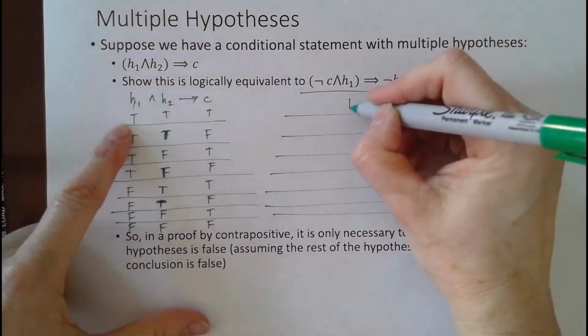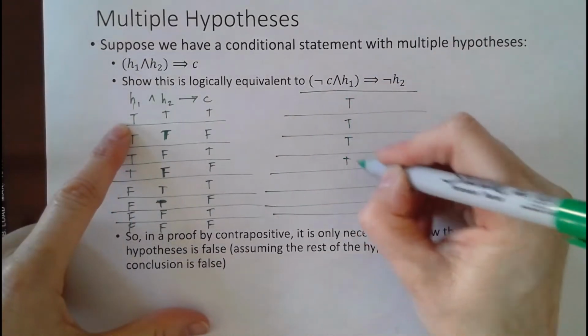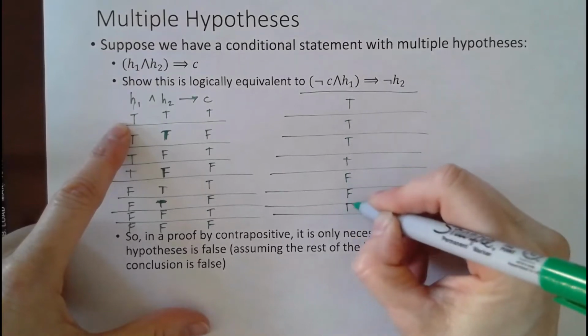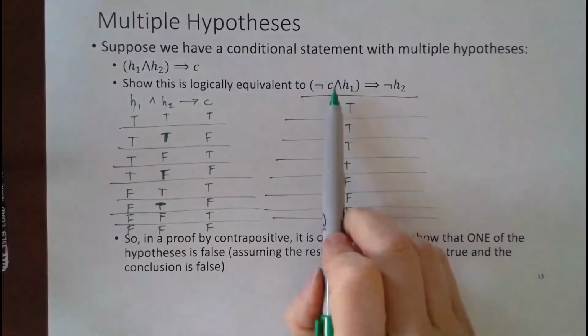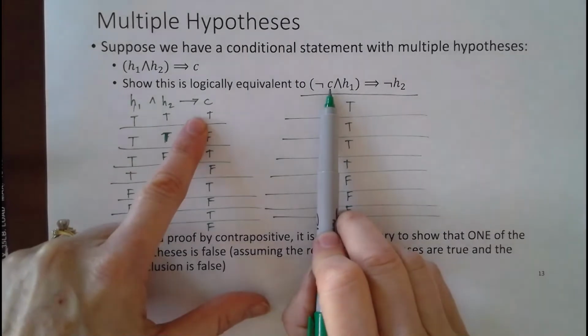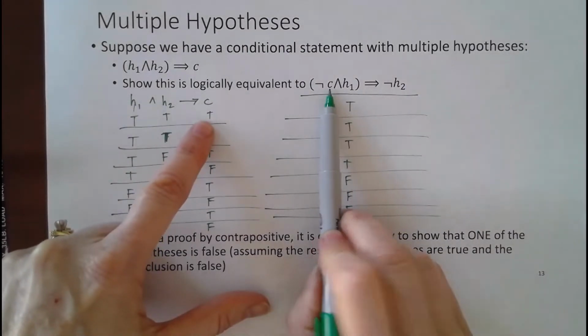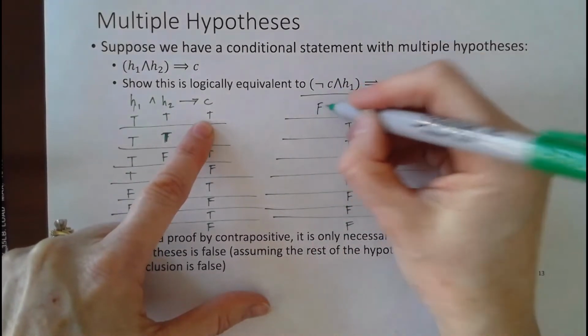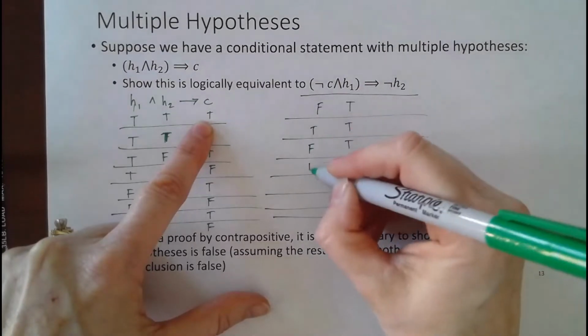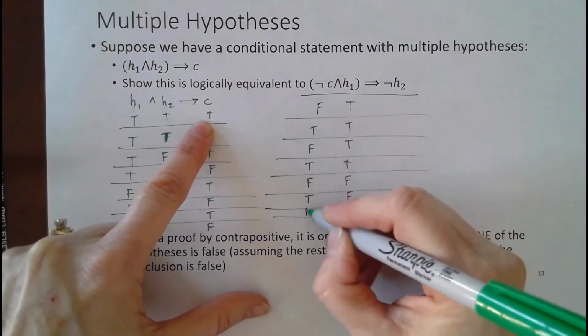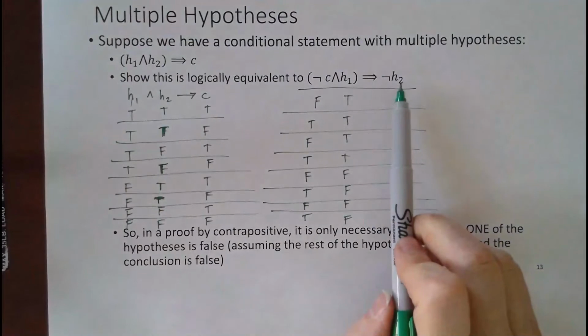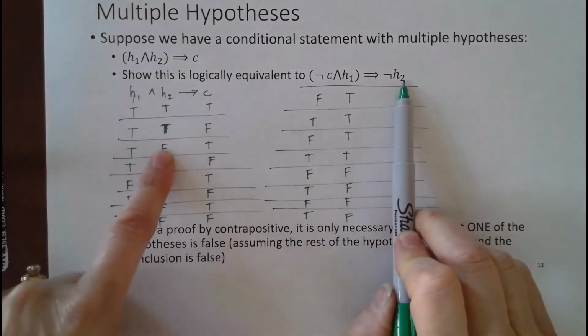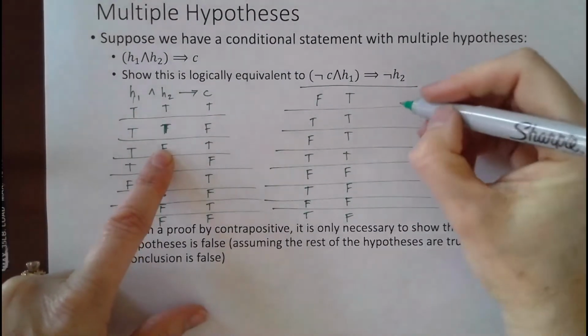That was alternating 4s. Okay, this is not C. All right, so this was alternating 1s, true, false, so we'll just go the other direction, false, true. And H2, this is not H2, we were alternating 2s, so we'll just do the opposite and do false, false, true, true.